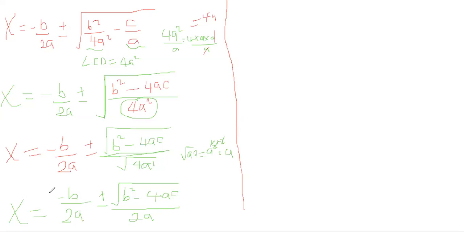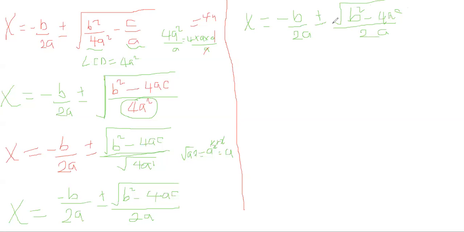So continuing from here to here, we will have x equals to minus b over 2a plus or minus the square root of b squared minus 4ac over 2a.